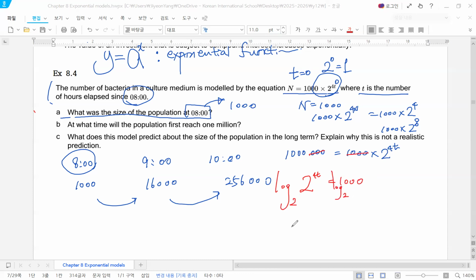Since this is the index of the value, you can move it to the front. So 4t, and then what is the value of log base 2 of 2? 1. So 4t equals log base 2 of 1,000. Therefore, t equals 1 over 4 log base 2 of 1,000. By using your calculator, please tell me the value of this, guys.